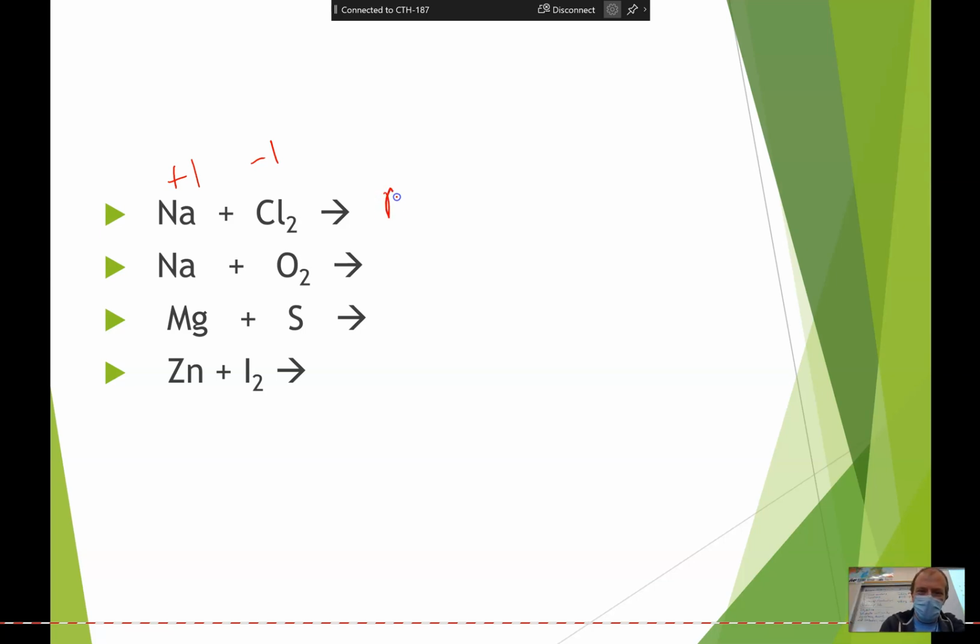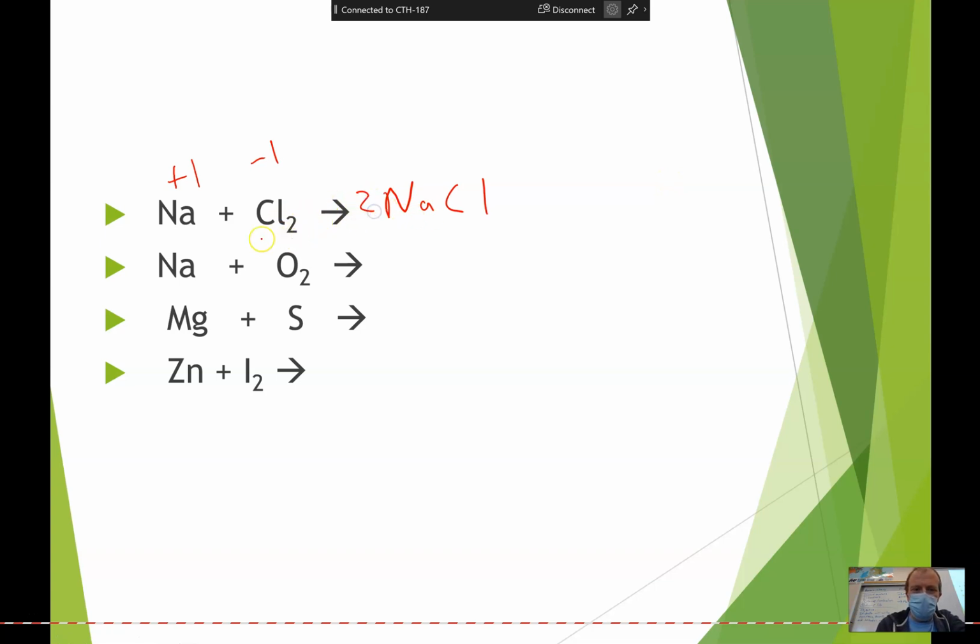So I need to write the formula with a balanced charge, which would just be NaCl. I'm not going to carry over the subscript 2 because this is the formula for NaCl, and you guys know that. So the first step is thinking carefully about what this formula would be, and then the second step is to go ahead and balance this with coefficients.